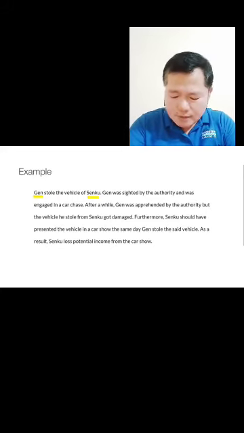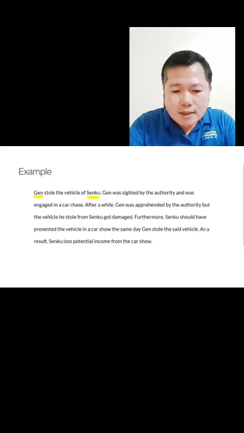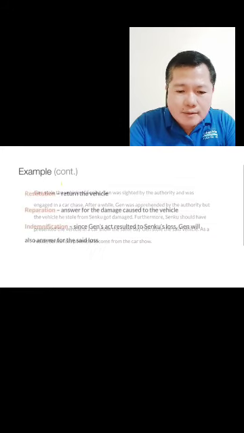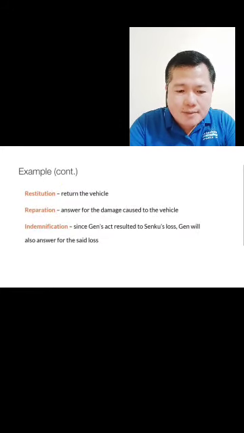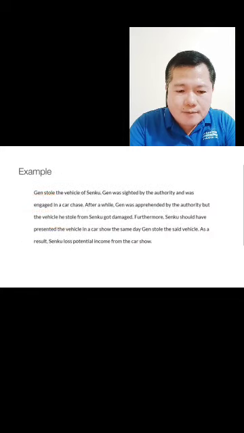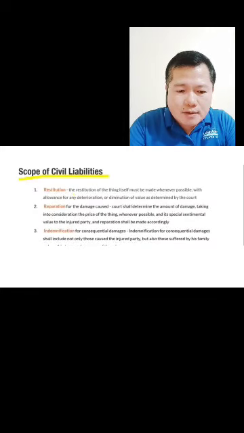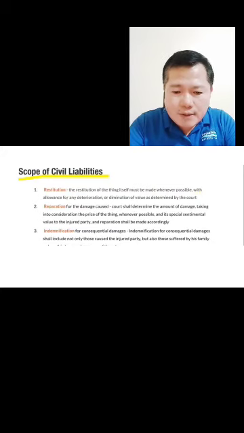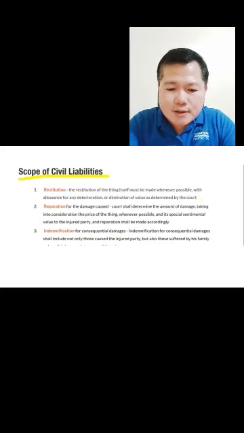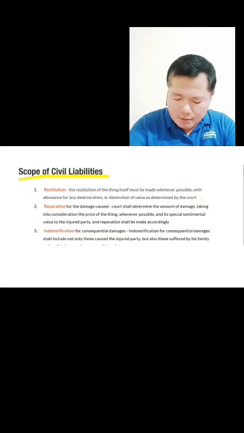Okay? So, si Gel nagnakaw, si Cinco nanakawan. Okay? So, let's go back to the example. Under restitution, the restitution of the thing itself must be made whenever possible, with allowance for any deterioration or diminution of value as determined by the court.